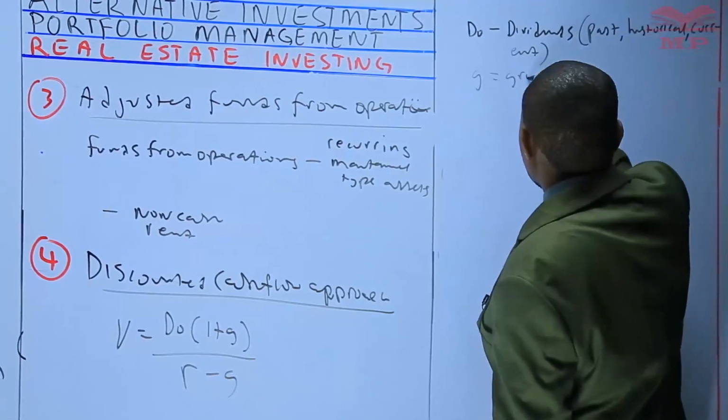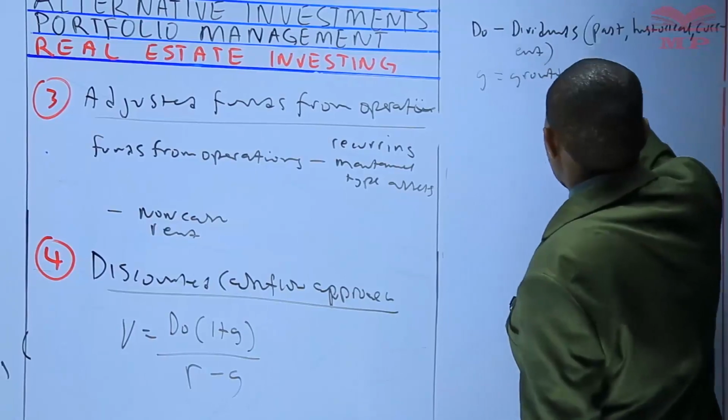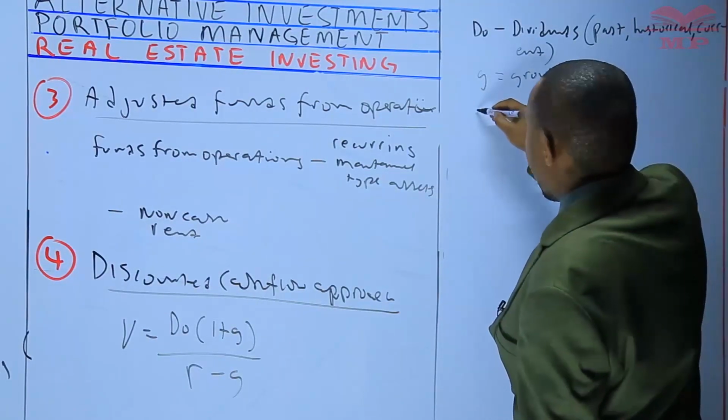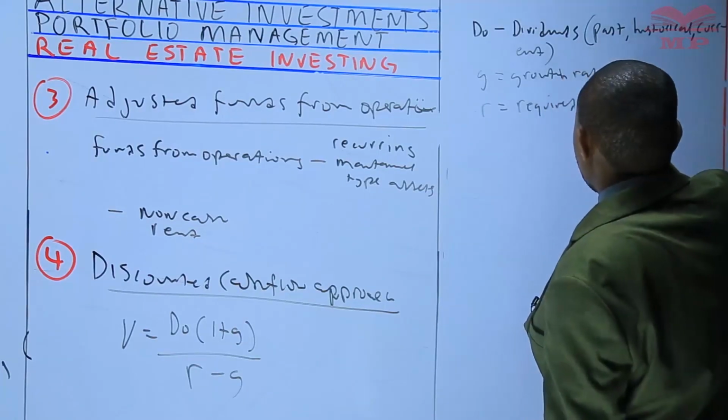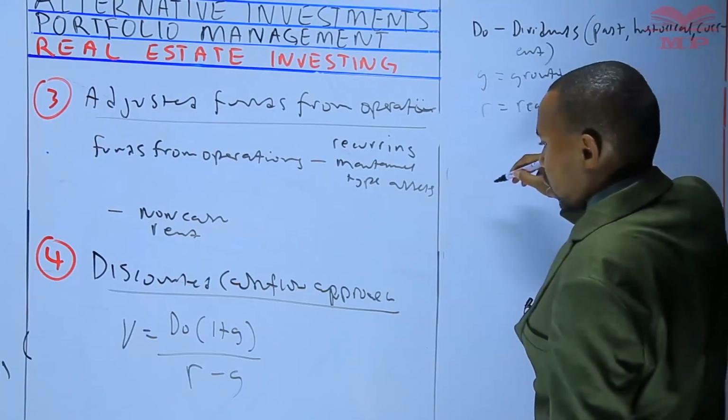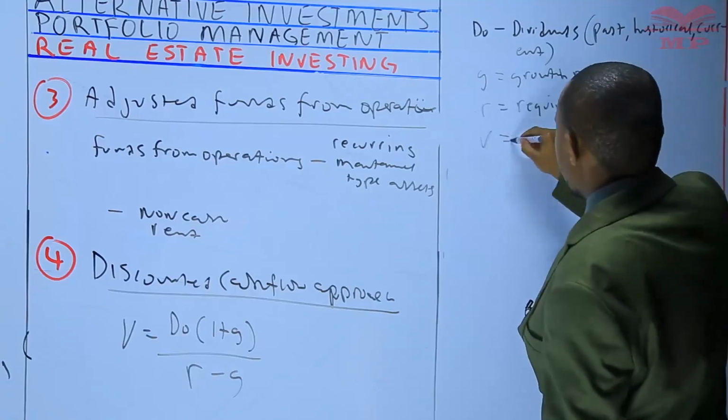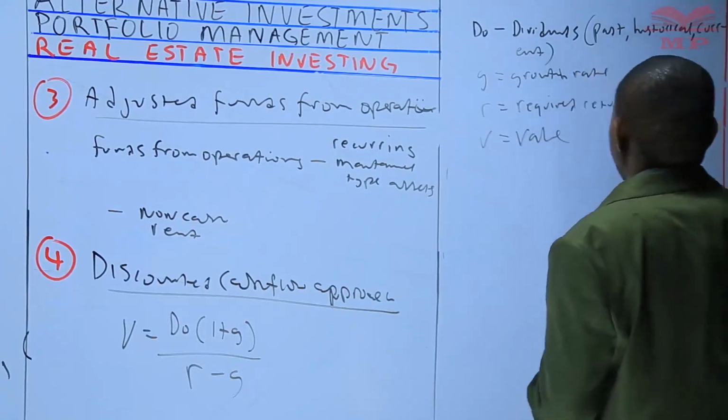G is the growth rate. R is the required return. And V is the value.